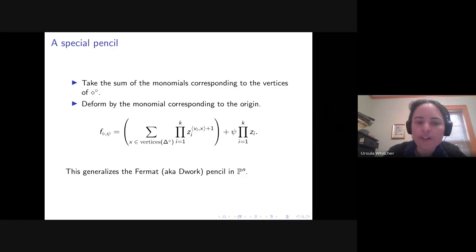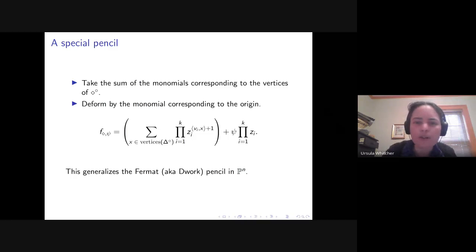And this gives you a generalization of your Fermat or your Dwork pencil in P^n. The Fermat or the Dwork pencil would come from taking the standard simplex and its polar dual. But if we took other reflexive polytopes, we can potentially get other one-parameter deformations that are really combinatorially natural and that act in some sense like the diagonal pencil that we know really well.